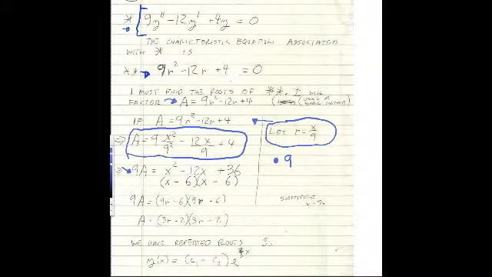And then 9A, I can now easily factor in this example to be this perfect square. This little substitution has allowed me to get rid of this pesky leading coefficient. That's why I do that.